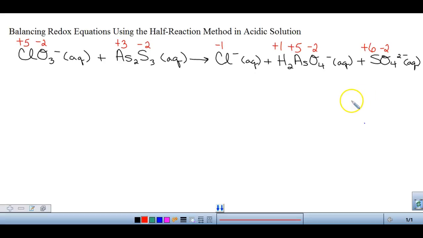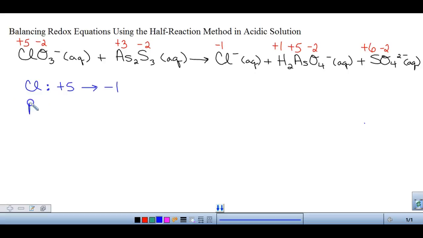Okay. So why did we do this? Well, some questions ask you to specifically state which is the oxidation half and which is the reduction half. So let's take a look at what happened. We had chlorine that went from +5 to -1.